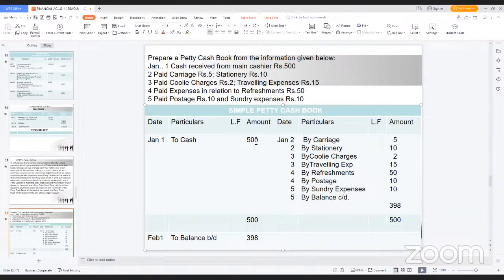So how much amount am I still having? 398. That 398 I will forward in the next month as balance brought down. And again that month they will issue some amount, so bringing it down, you are again spending it.